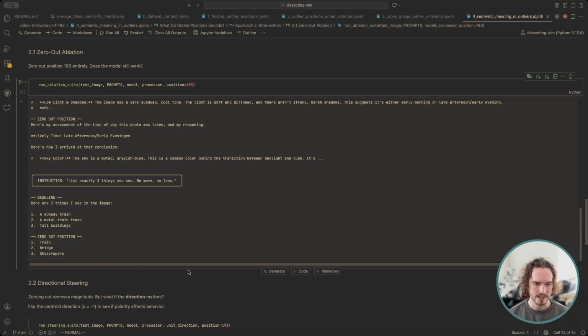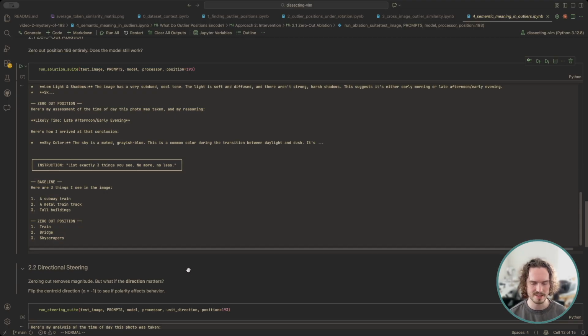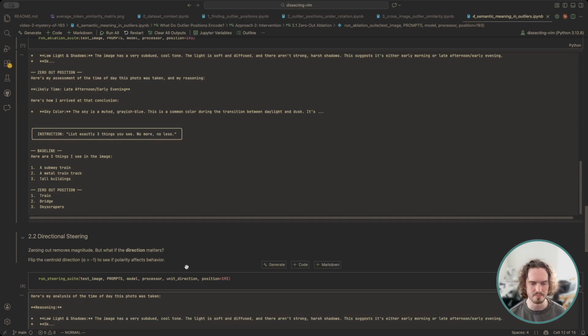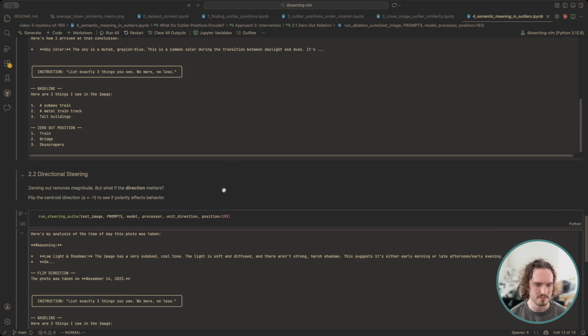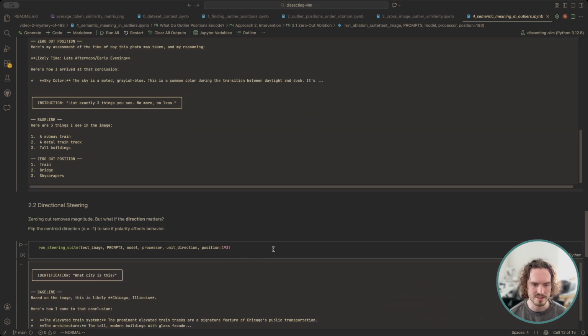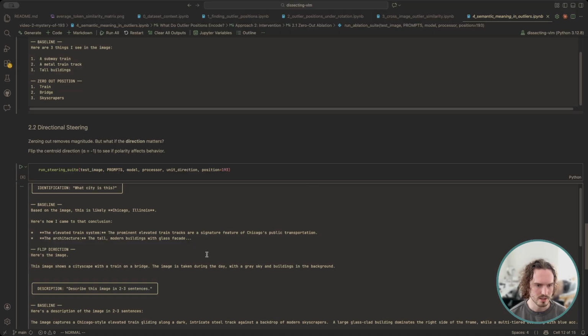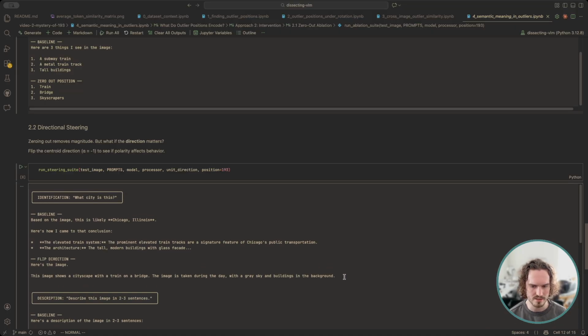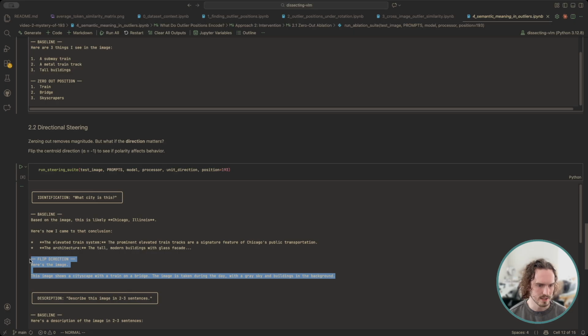But I was curious to try something else, and inspired by the Golden Gate Claude work, I wanted to do some directional steering. I wanted to see what happens when we flip the direction of our 193 vector, to see if there's some polarity going on. When we run our same prompts against this, we can see that this does break the model.